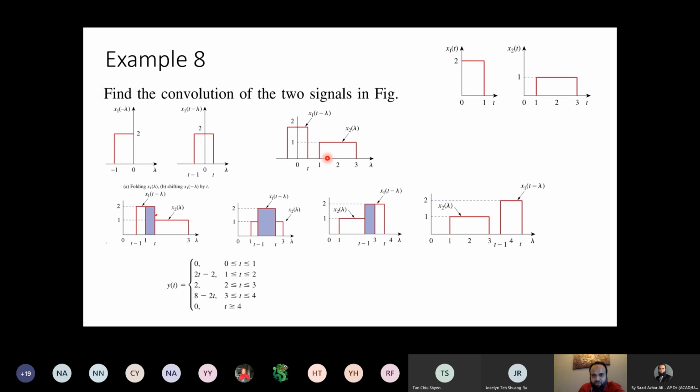That happens until 2, and so initially the output is increasing. Then when it's completely overlapping, the output remains constant. And when it starts to leave, it decays or goes down, and after that it will be 0. So the function would look like this.